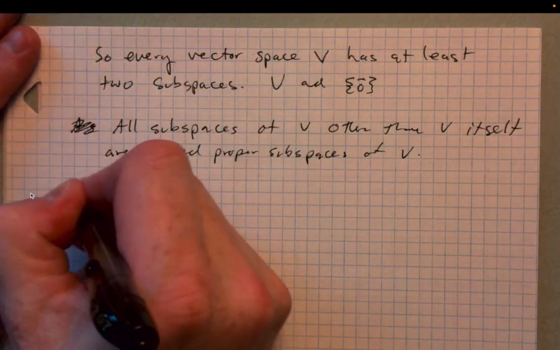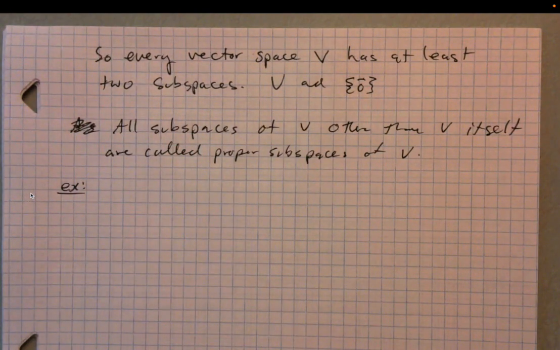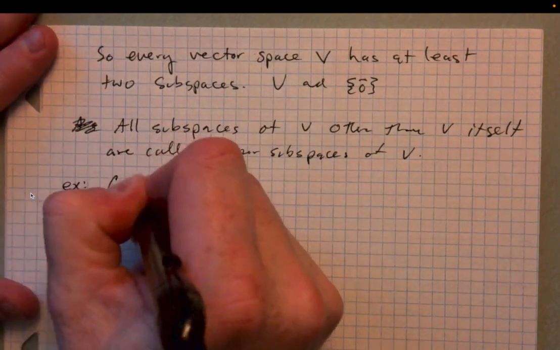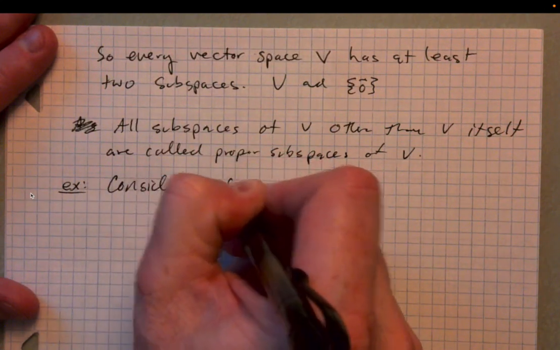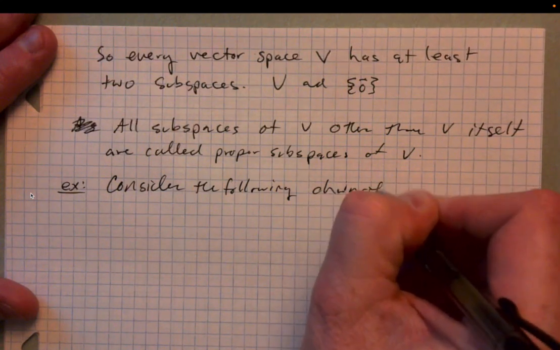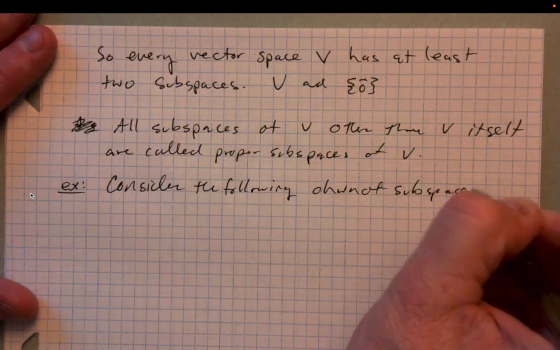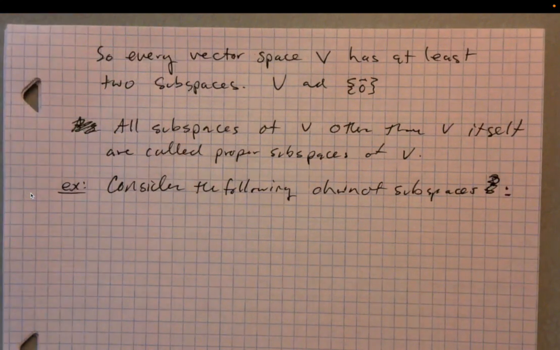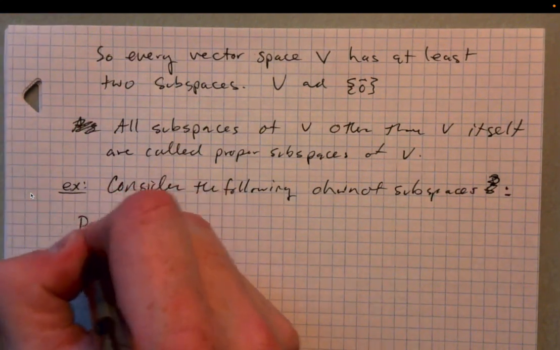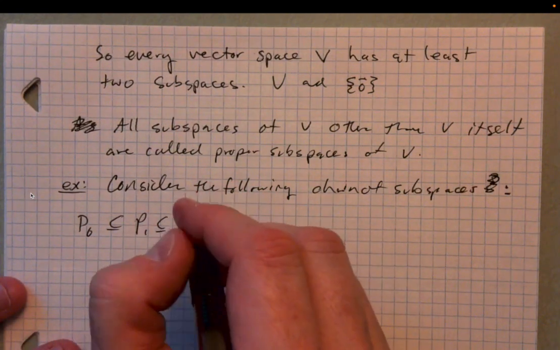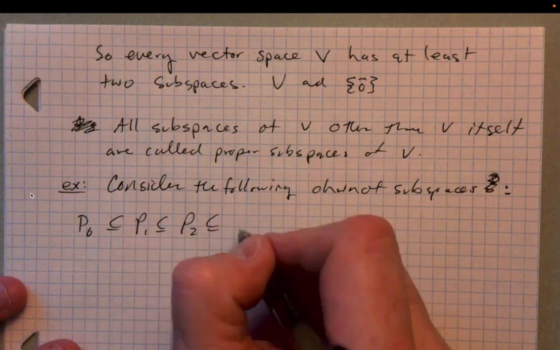Let's get a little out there for a moment. Consider the following chain of subspaces. Let's say we've got some P0, and we've got some P1, and we've got some P2.